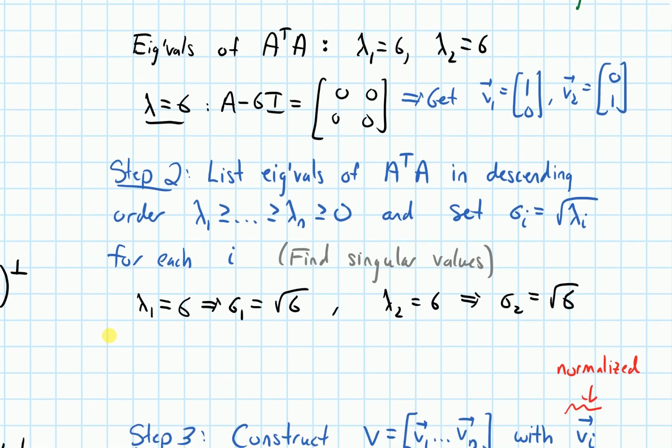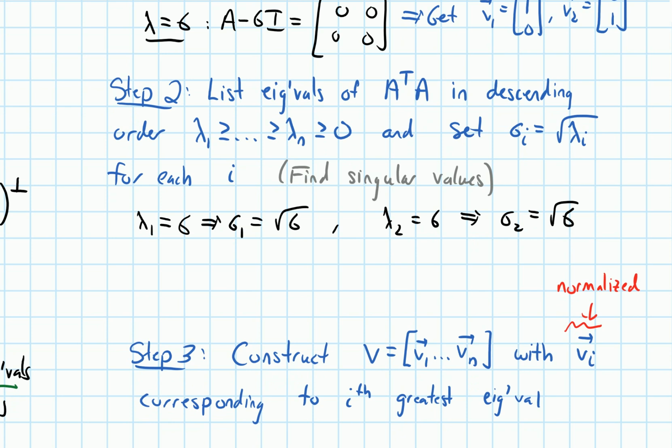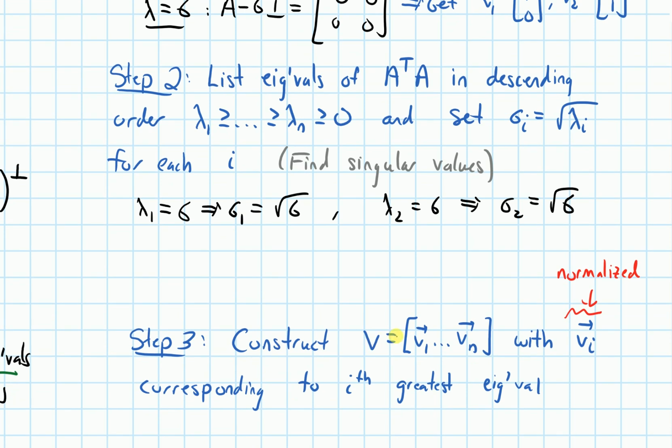Now let's form the matrix V. We need to construct the matrix V that has those eigenvectors v1 up to vn in order, where the ith vector in this matrix corresponds to the ith greatest eigenvalue. This is an orthogonal matrix, which means the columns need to be normalized.